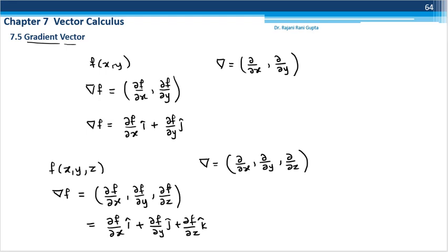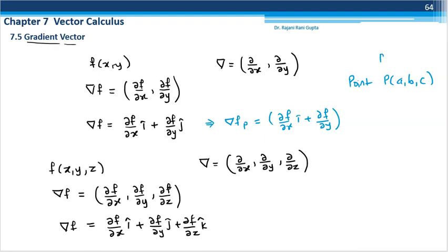Now, sometimes they may ask you to find the gradient at a particular point P. They may give you the point as, say, a, b, c. In that case, you find the gradient up to here, then you find the gradient of f at the point P by just replacing in these values.